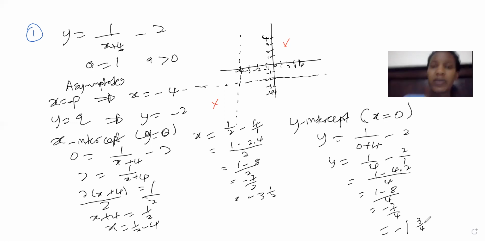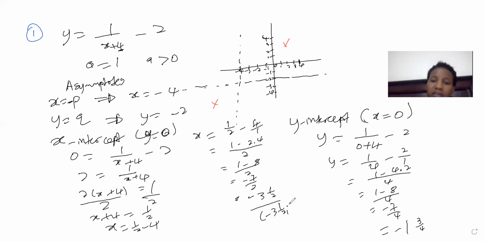x and y. So our x-intercept, we have negative 3.5, 0. Those are the coordinates. Here is 0 and -1 and 3/4. I hope that's correct.